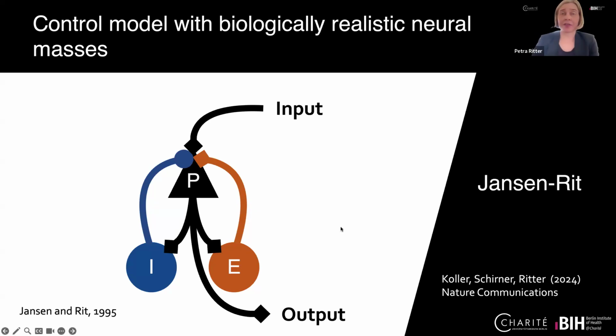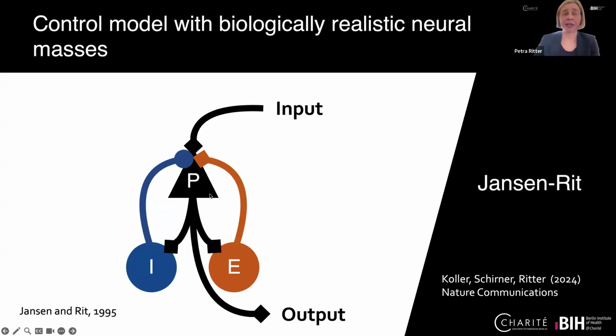And the choice was to use the Jansen-Rit model that consists of pyramidal neurons that get input from the connected network and also input from excitatory and inhibitory interneurons. And as you can see here, the pyramidal neurons are also driving the interneurons. So this is a little bit more complex neural mass model that is also capable of producing typical rhythms as we can see them in the EEG.